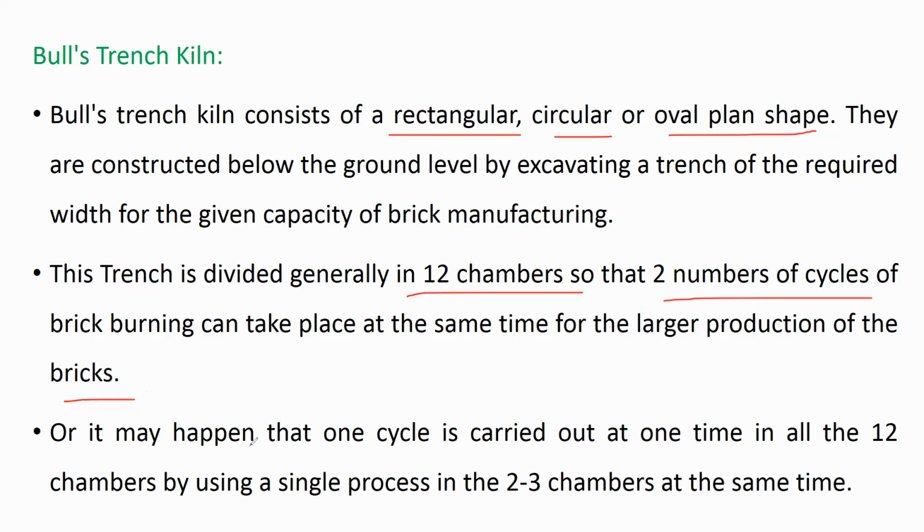Or it may happen that the cycle is carried out at one time in all the 12 chambers by using a single process in 2 to 3 chambers at the same time. You can use it this way also, but there is no use of that if you are going for a bull trench kiln. So you can work continuously there: continuous loading, continuous burning, all the processes going on at a time in different chambers.